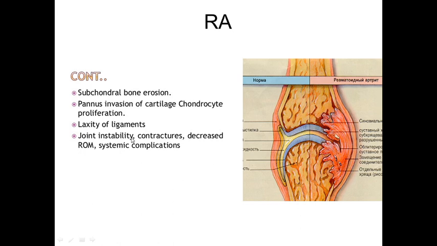It also causes subchondral bone erosion and chondrocyte proliferation, laxity of ligaments, and results in joint instability, contractures, and systemic complications.